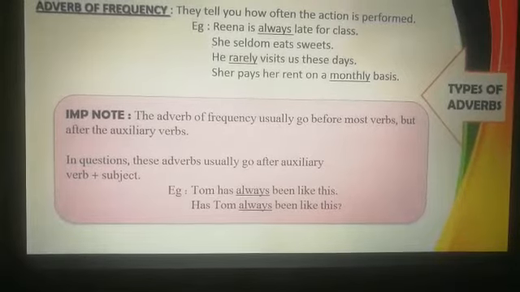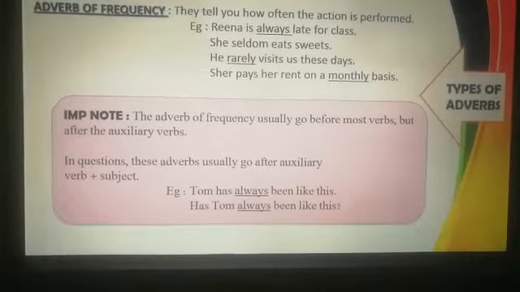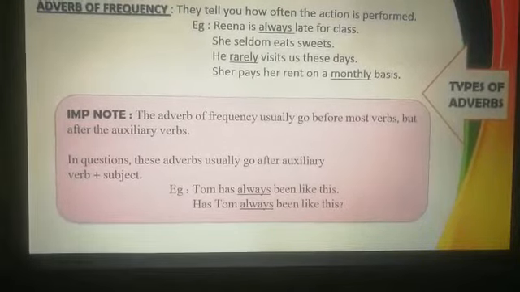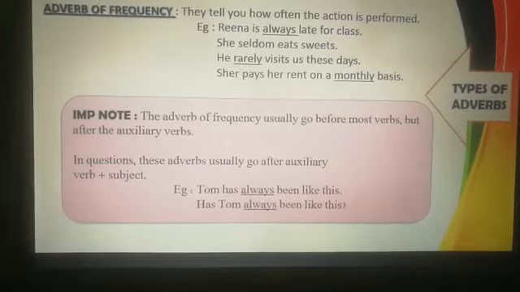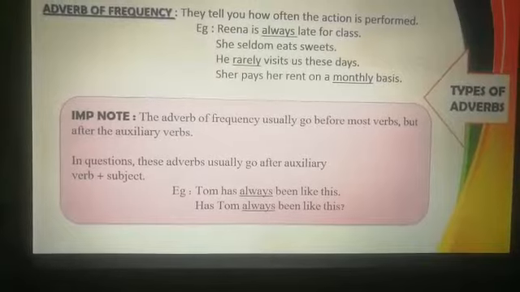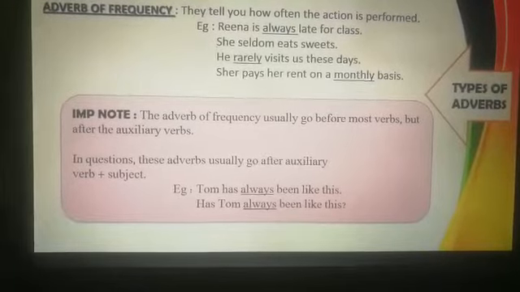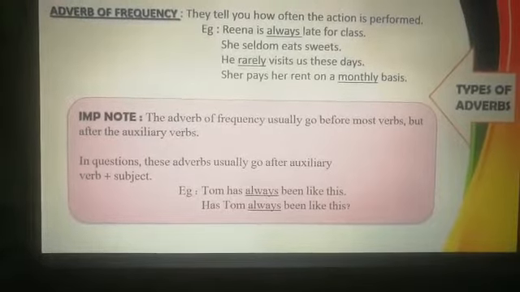Has Tom always been like this? So in a question, it usually goes after auxiliary verb plus subject.